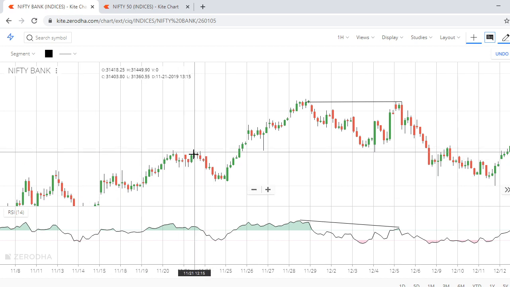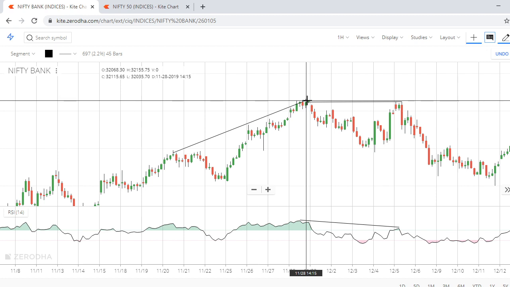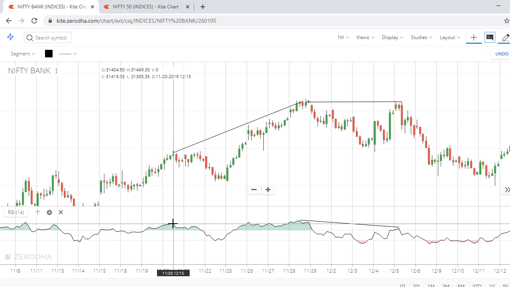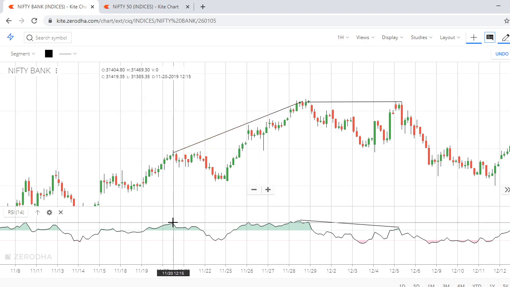Okay, so let's suppose we compare to here. Perfect. Yeah, the price went up. But if we see at RSI, yes. Perfect example. See, the price went up, but RSI is almost in a flat range.